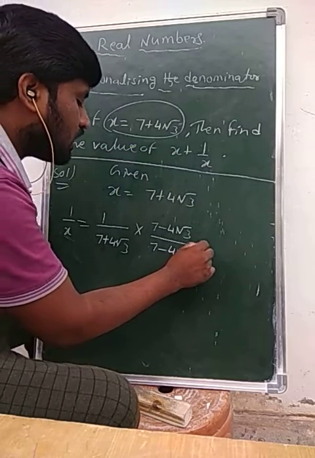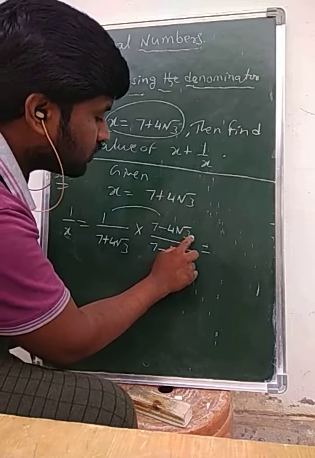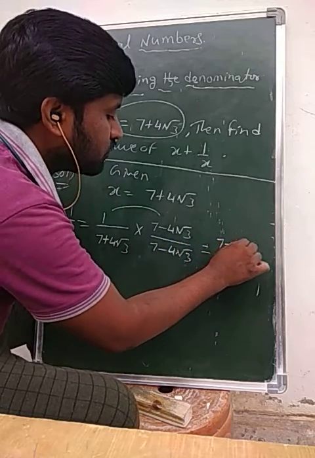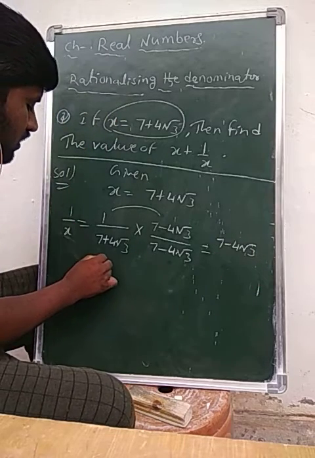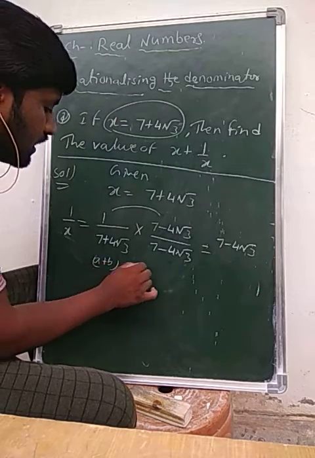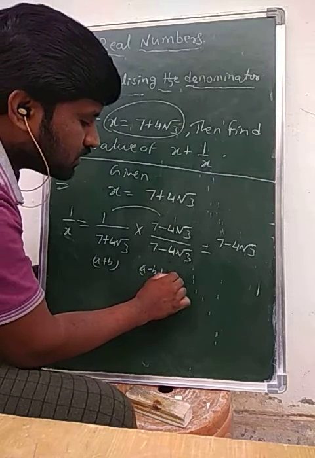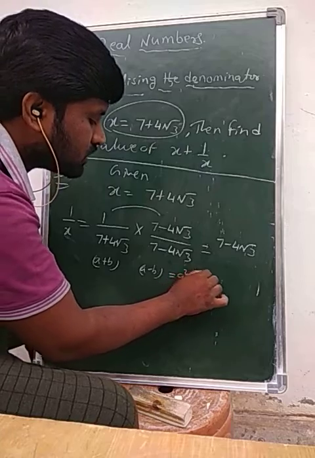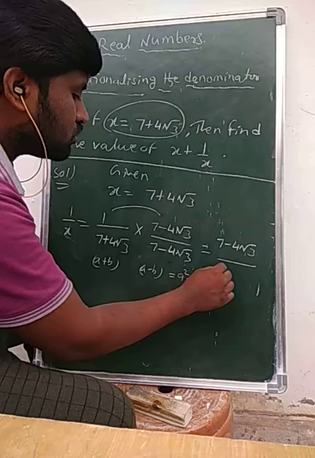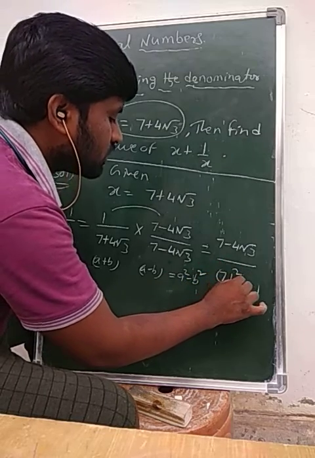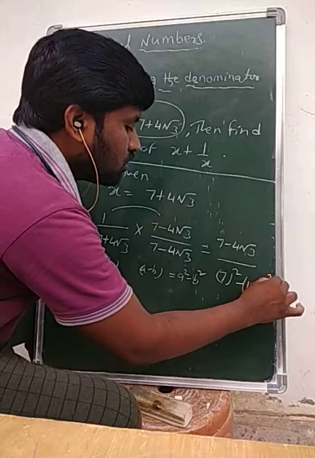Then 1 into 7 minus 4 root 3 is 7 minus 4 root 3 only. Observe the down part: it is in the form of a plus b into a minus b, which equals a square minus b square. Now we can write it as 7 whole square minus 4 root 3 whole square.